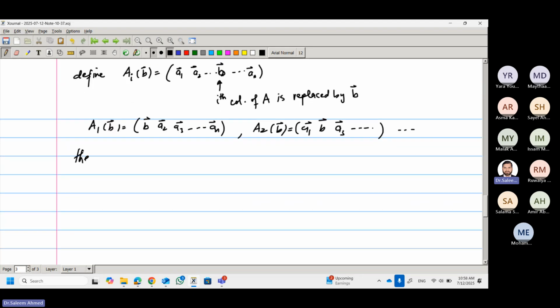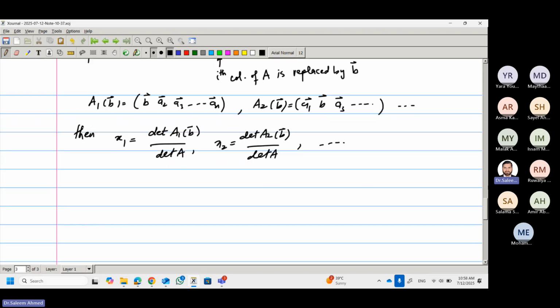Cramer's rule says that x1 will be equal to the determinant of A1B divided by the determinant of A. x2 will be the determinant of A2B divided by the determinant of A. Very easy method. x3 will be the determinant of A3B divided by the determinant of A, and so on. So you can find all the numbers like that.